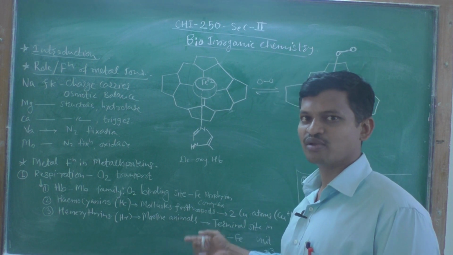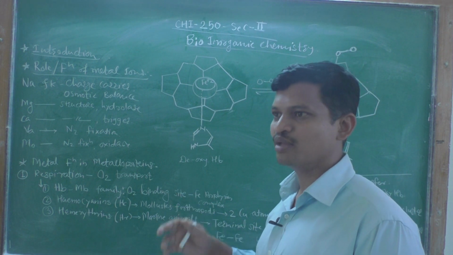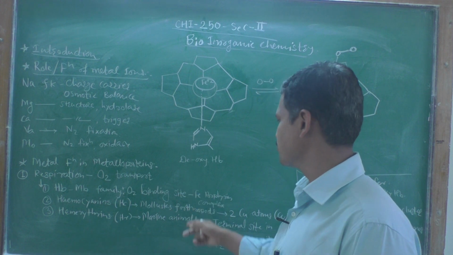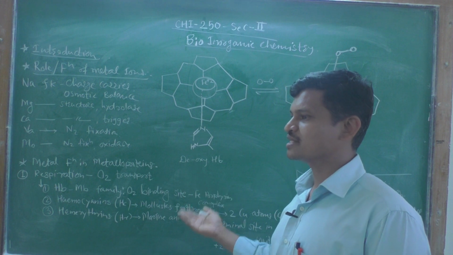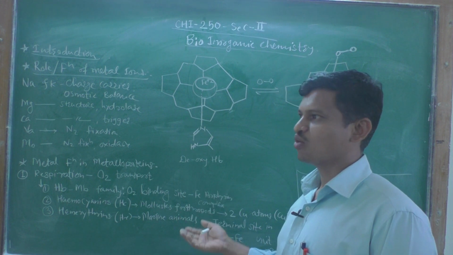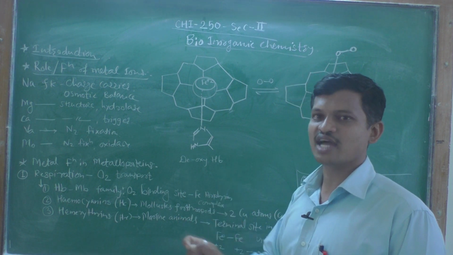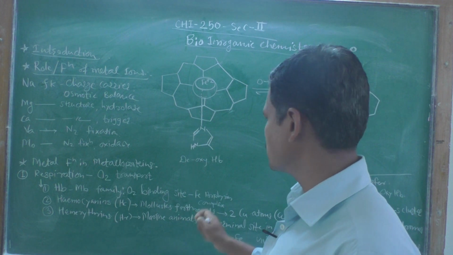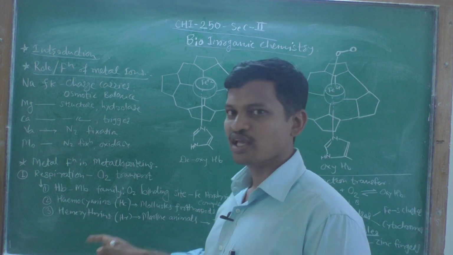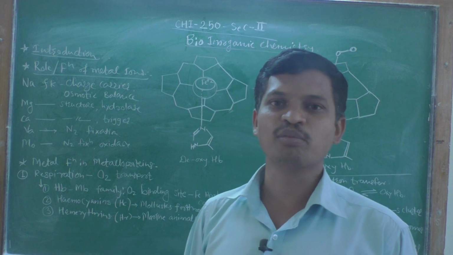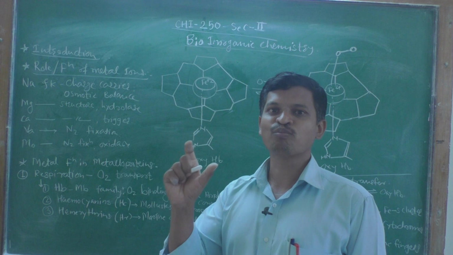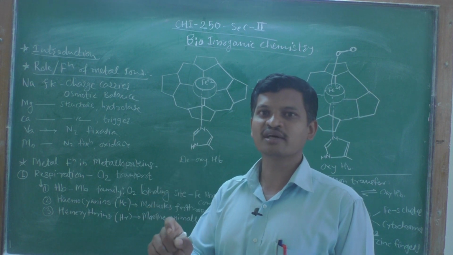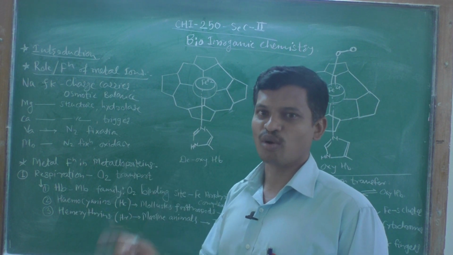So you may be asked, what is the oxygen binding site in hemoglobin or myoglobin? The answer is the iron porphyrin ring or iron porphyrin complex.